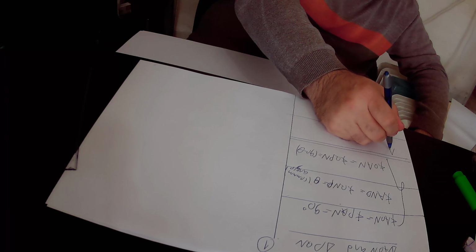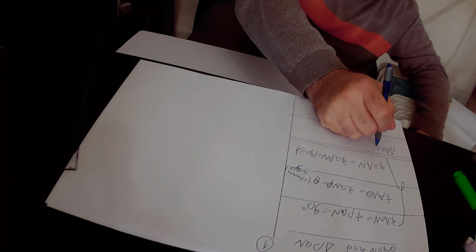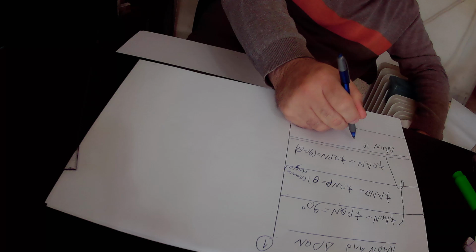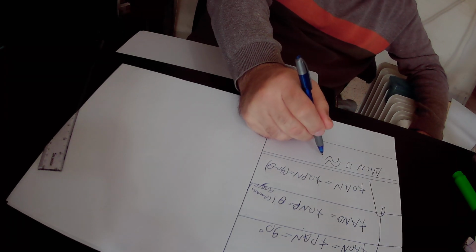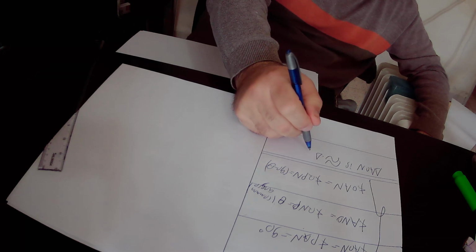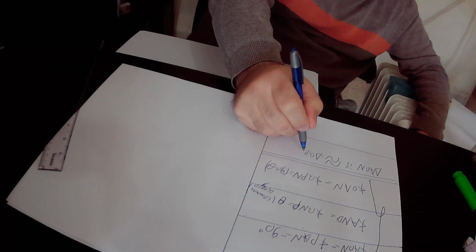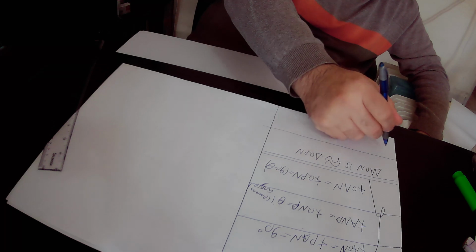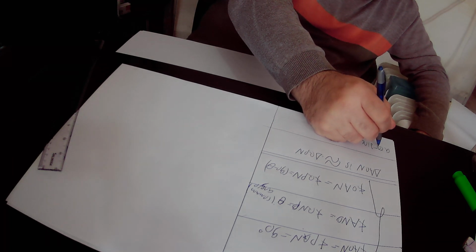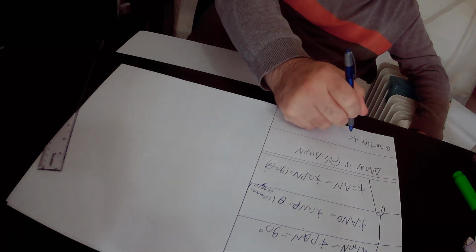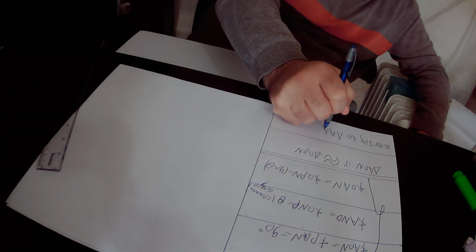The big right triangle AON is similar, this is the sign of similar, to the small green triangle QPN according to angle similarity rule.